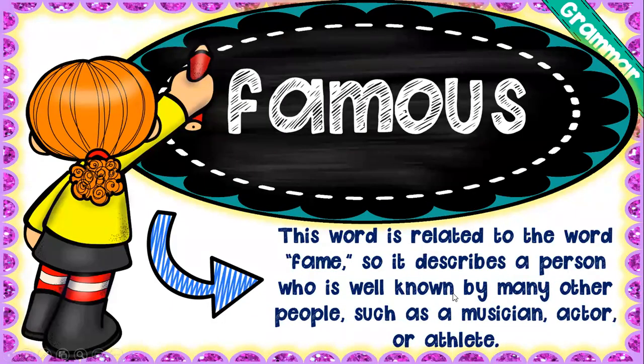So this word is related to the word fame. It describes a person who is well known by many other people, such as a musician, actor, or athlete. So fame is basically what you have when you're really well known. Somebody you'd see on TV has fame. So you can change that word to an adjective by adding OUS to it. So that word becomes famous.